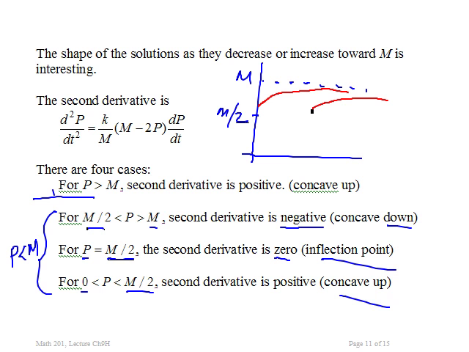Down here, the green one, say they're concave upward until they hit m over 2, and then they turn into a concave downward curve. So if they start down here, they have the shape which is called sigmoid. Almost looks like an S. Right at m over 2 is the inflection point, and here you're concave up, hit the inflection point, and concave down.